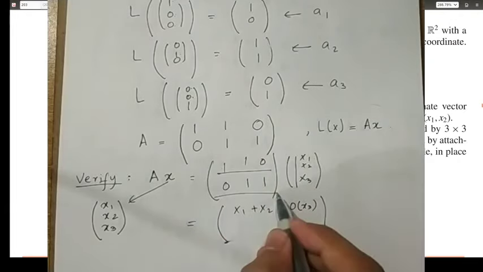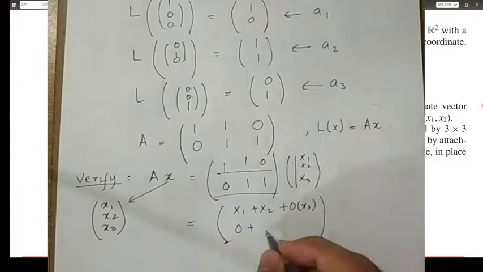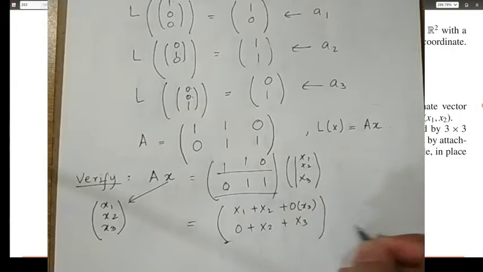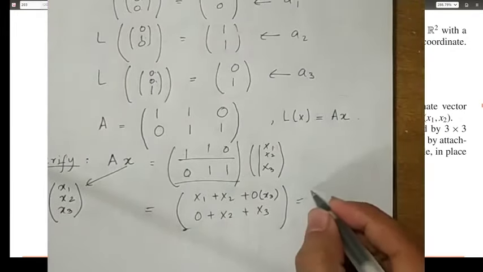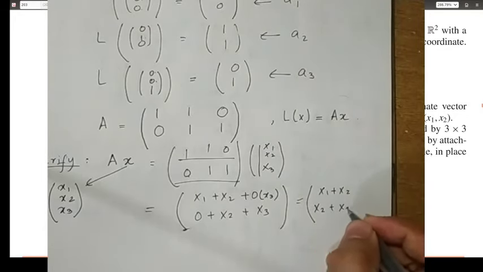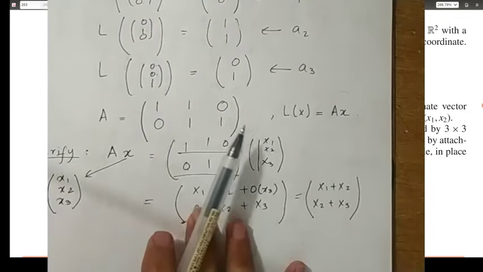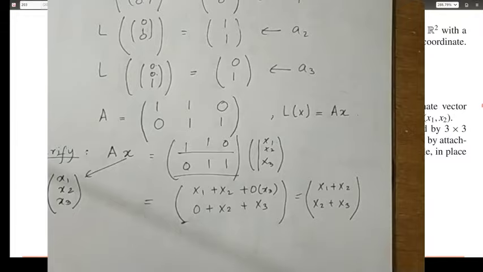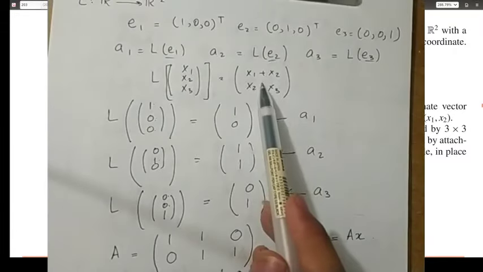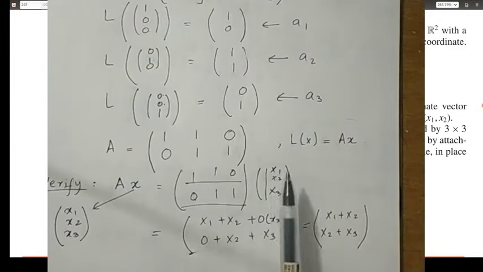And the second row will be 0 times x1, which is 0, plus 1 times x2, x2 plus x3. And you see that the result is exactly the same as the transformation that we were trying to express. So you don't need to write L as x1 plus x2 and so on. You can simply write it as this matrix times any vector from the original space.